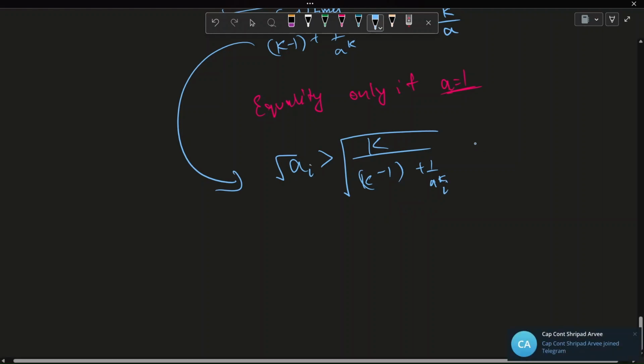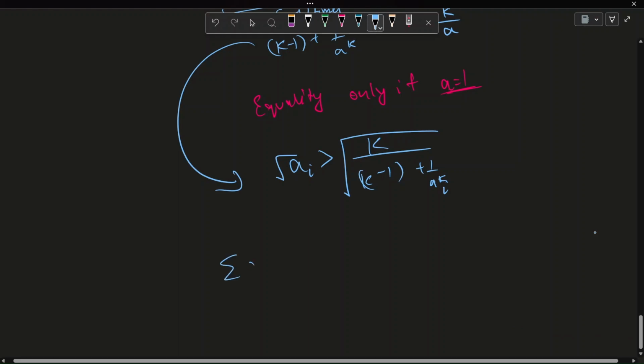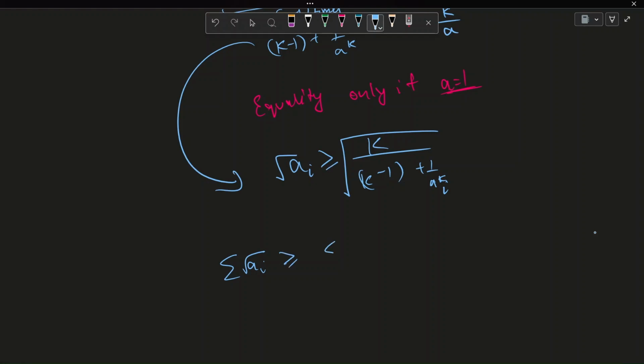So square root of ai is greater than or equal to the square root of k upon k minus 1 plus 1 upon ai power k. So we will put a summation sign also. The summation of the square root of ai is greater than or equal to the summation of the square root of k upon k minus 1 plus 1 upon ai power k, and this is equal to n.